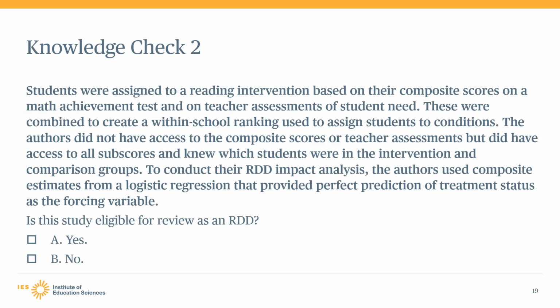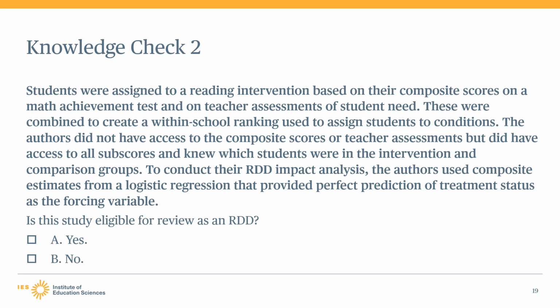Knowledge Check 2. Students were assigned to a reading intervention based on their composite scores on a math achievement test and a teacher assessment of student need. These were combined to create a within-school ranking that was used to assign students to conditions.